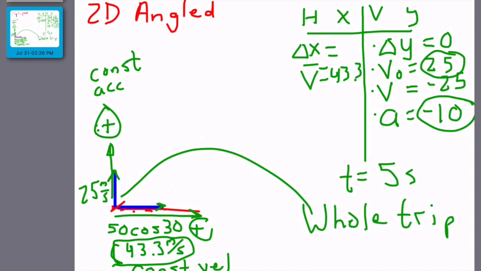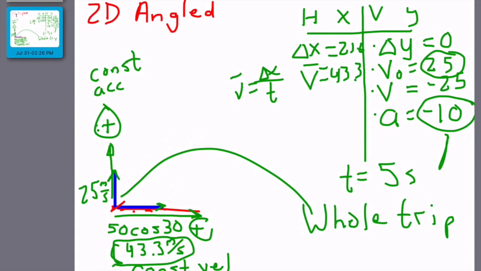Once I've got that, 5, and I've got v, and again, you could do this using an acceleration equation. I'm showing you, you can do it in your head. That's how easy it is. v equals delta x over t, and so we have 5 times 43.3. I think that ends up being 216 meters.